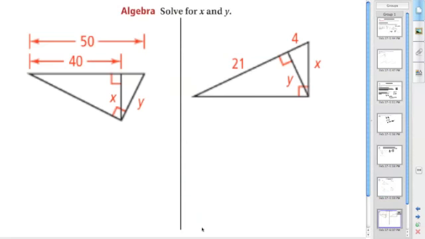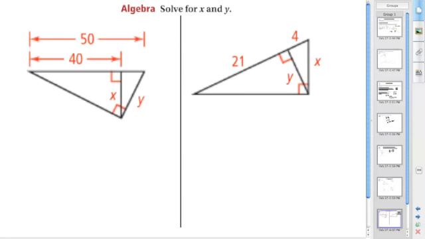So let's put it to use. We want to solve for x and y. Here we go. We're going to solve for x. You have to notice that here's the altitude, so that's going to get compared twice. We're going to use x twice.